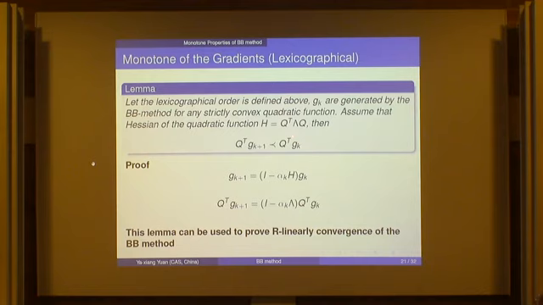Now, I didn't assume H is a diagonal matrix. If H is a positive definite matrix which has an orthogonal decomposition in this form, then it will always be monotone based on the dictionary order.